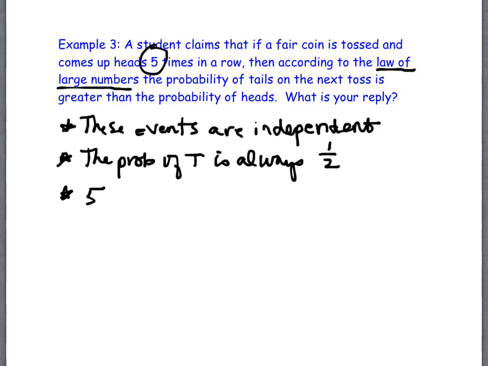So this issue is present as well: 5 is not a large number. So even if the other 2 issues above, and some of the others that you guys mentioned, weren't going on, we couldn't make this claim about the number 5 because 5 isn't a large number to start with. Does that make sense? Okay.